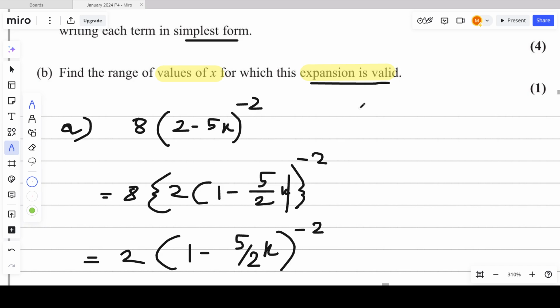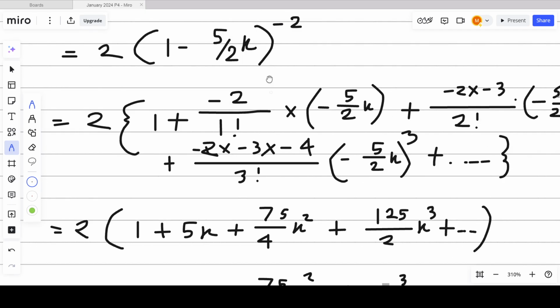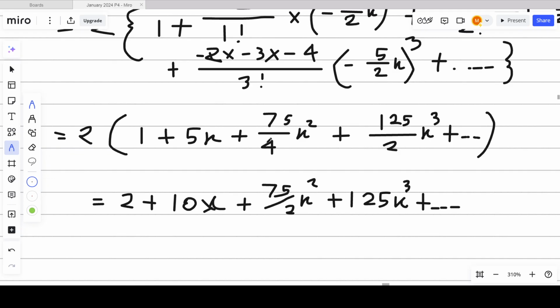In order for the approximation to be valid, there is some range of values for x that can be substituted in this equation, and you will get a convergent value.